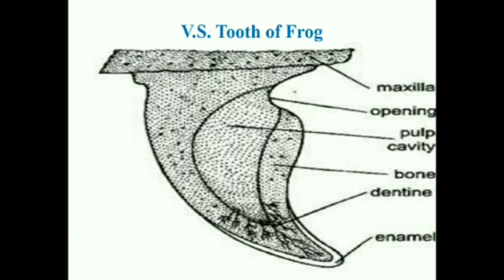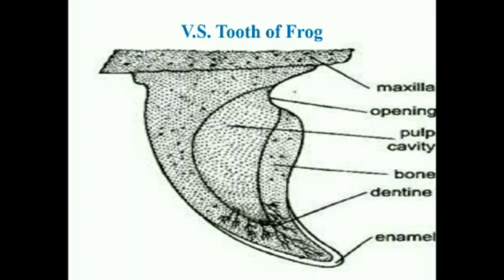Now what is pulp? Pulp is nothing but a loose network of connective tissue, nerve fibers and blood vessels, and pulp provides nourishment to the tooth for its growth. Okay, so I told you the two parts of a tooth: a base and a crown. The base is attached to the maxilla because the base is attached to the surface of the jawbone.